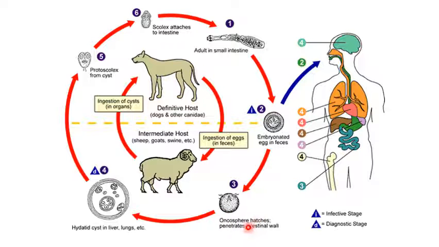The oncosphere hatches, penetrates the intestinal wall, and in the intermediate host forms hydatid cyst in liver, lungs, etc. And the protoscolex collected from the cyst attaches to the intestine of the dog to form the adult Echinococcus granulosus. In man, when the man takes embryonated eggs from feces through the mouth, then the hydatid cysts form in the brain, lungs, liver, and in bone marrow.